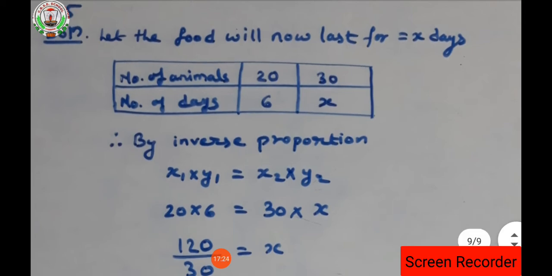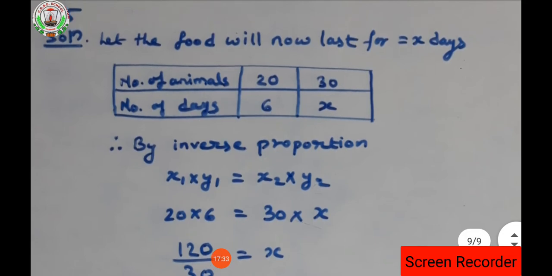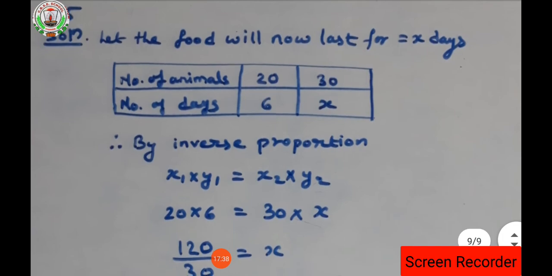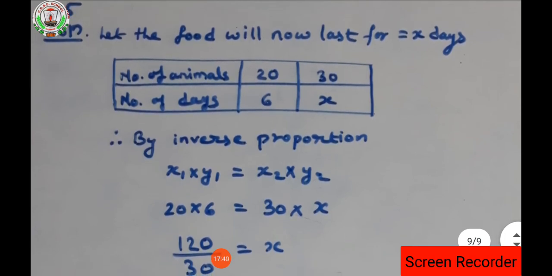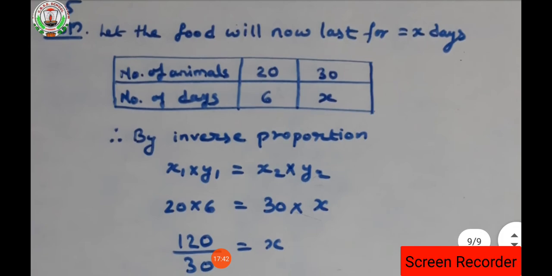Here, if the number of animals increases, then the number of days will decrease, isn't it? So this condition is inverse proportion. Inverse proportion is x1 into y1 is equal to x2 into y2. So x1 is 20, y1 is 6.